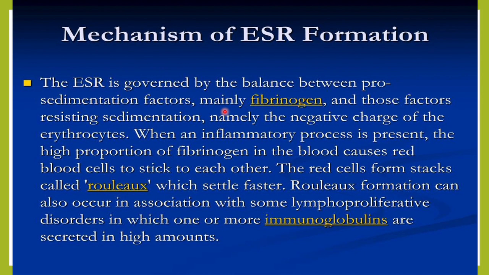If there is an inflammatory process, the increased level of fibrinogen in the blood will cause the RBCs to stick to each other and make the Rouleaux happen. And when the Rouleaux happens, the RBCs will settle down faster. Okay, so that is how the ESR process takes place.